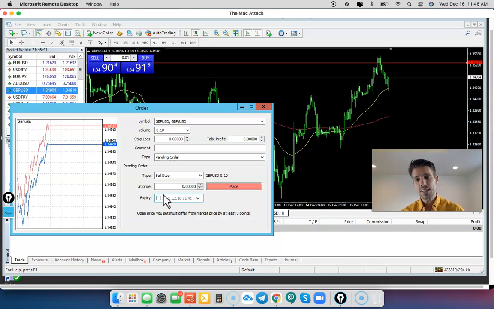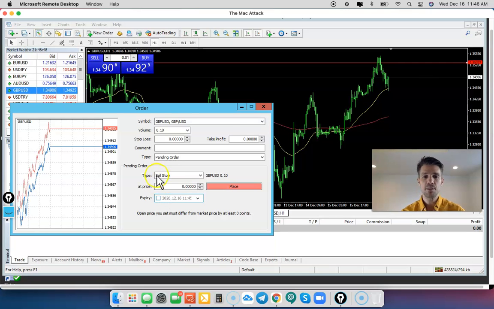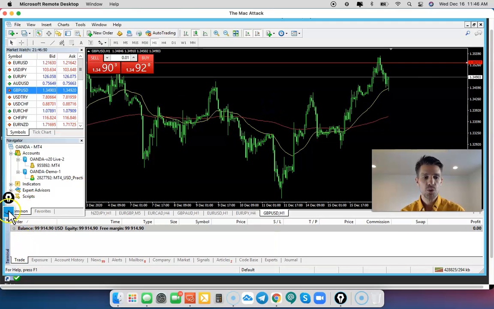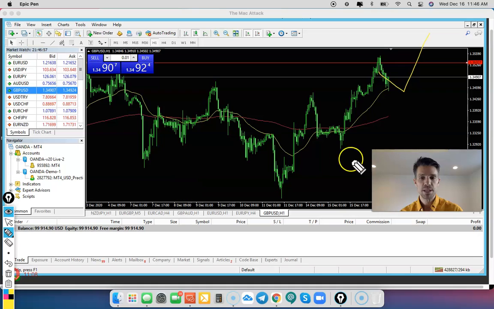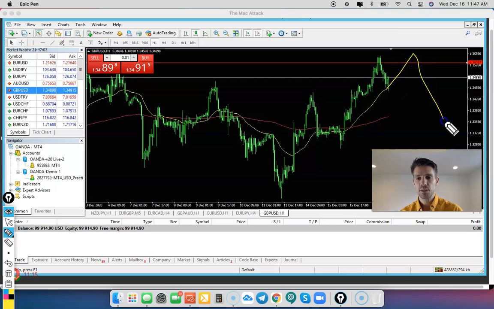A buy limit and a sell limit are more of a trending type methodology. We think that we're going to have a pullback and a continuation. That would be a buy limit down there. And a sell limit would be, we think it's going to pull back and continue, kind of running that way.